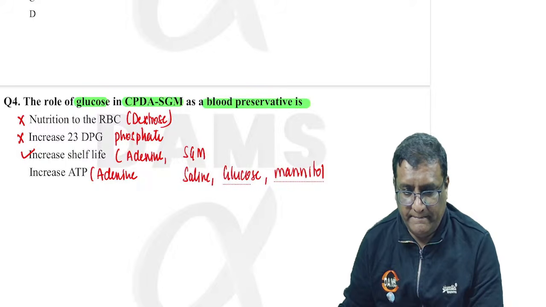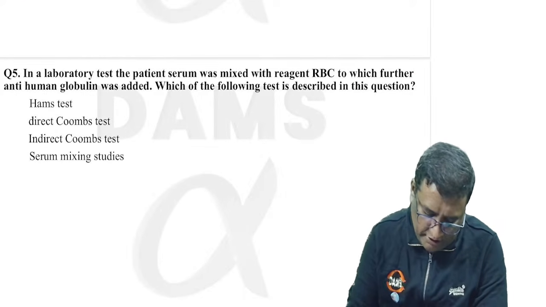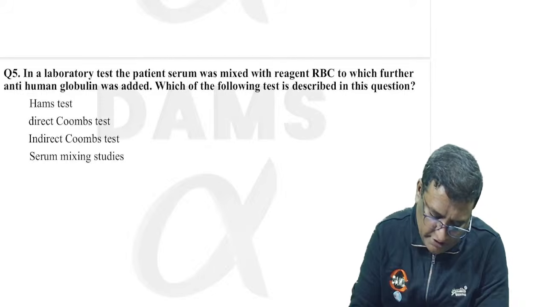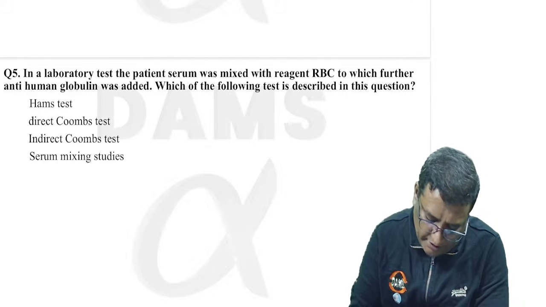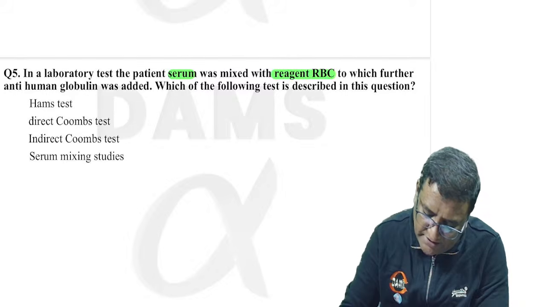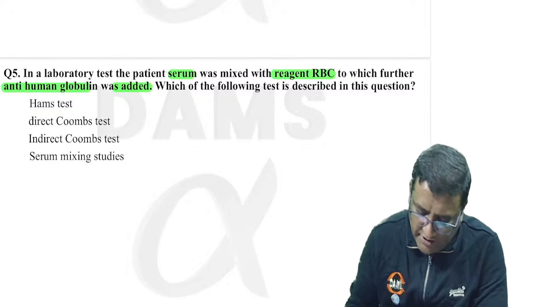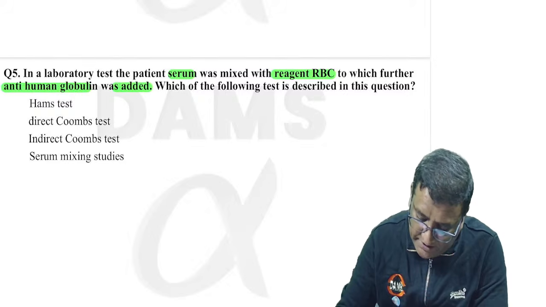Okay, next. Let us look at the next question now. We'll start looking at the question only. What does the question say? In a laboratory test, patient serum was mixed with reagent RBC, to which further anti-human globulin was added. Which of the following tests is described in this question?